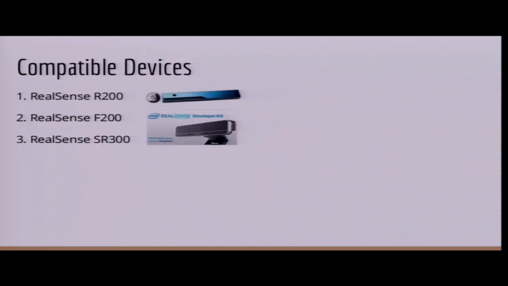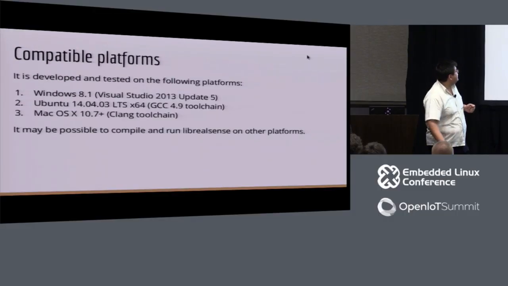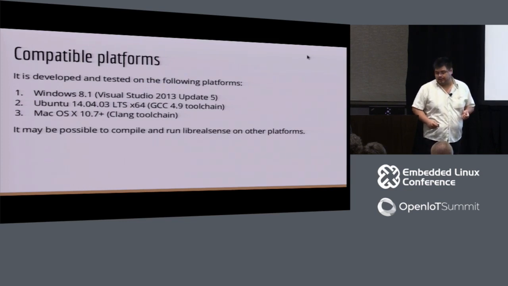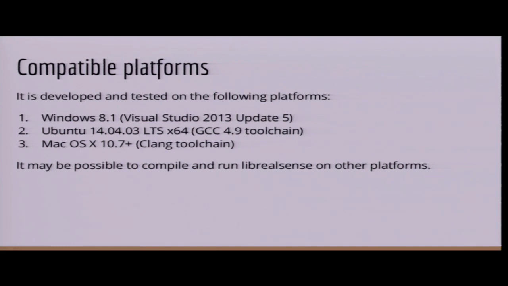As I mentioned before, it is for the 3 devices, the 2nd generation and the 3rd. The compatible platforms right now are Windows 8.1, Ubuntu 14.04, and macOS 10.7. But this library could also be ported to other platforms.